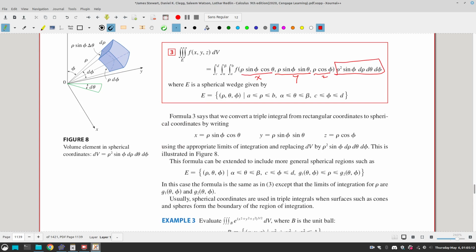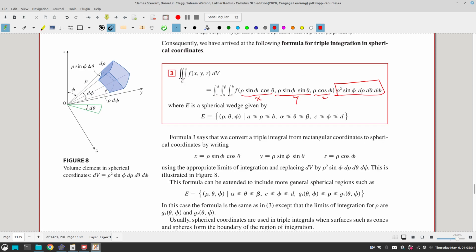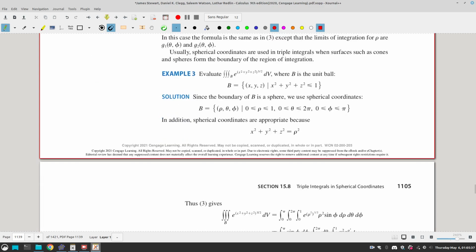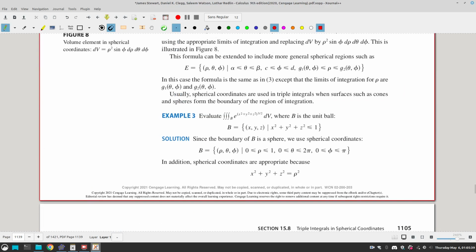And a rectangular region in spherical coordinates is of course given by rho being between two constant values, theta being between two constant values, and phi being between two constant values, such as the blue region in figure 8. Right, so let's look at a particular example.